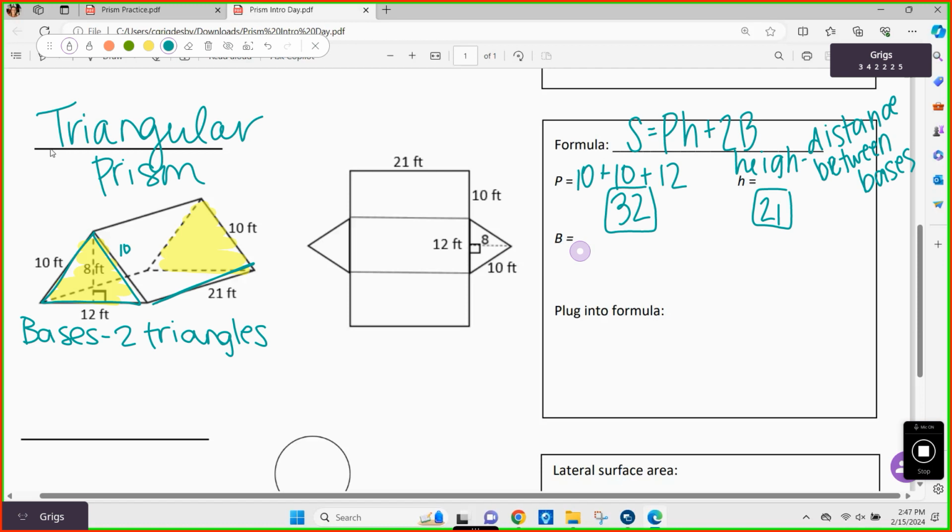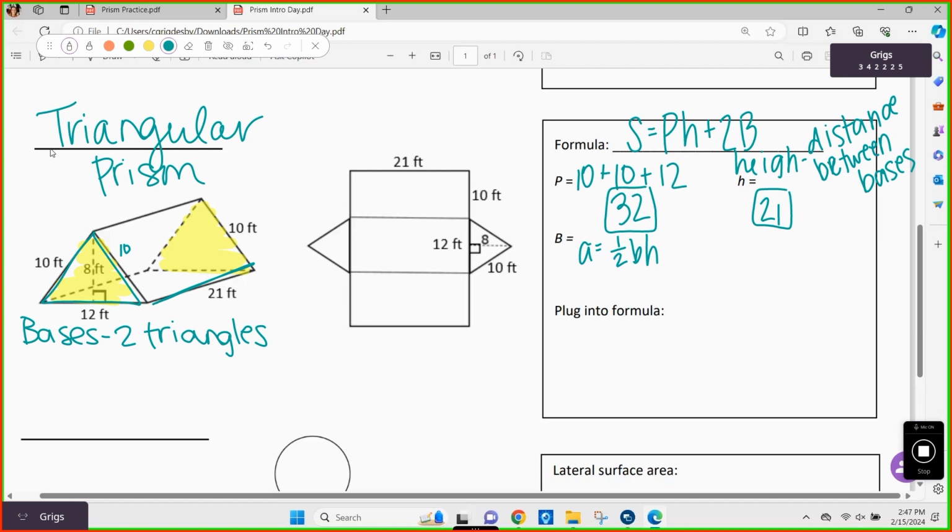So, how do I find the area of a triangle? Your star chart tells you. A equals 1/2 bh. Point to it on your star chart. Now, how do you know the base and the height on a triangle?